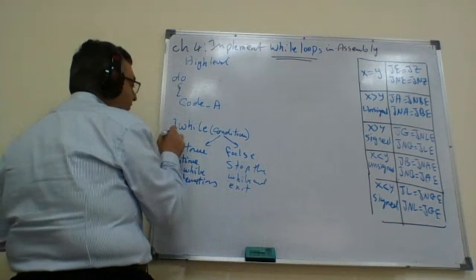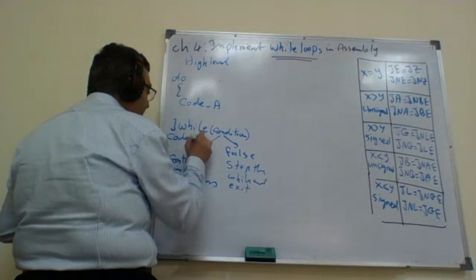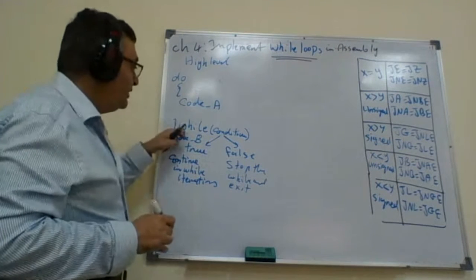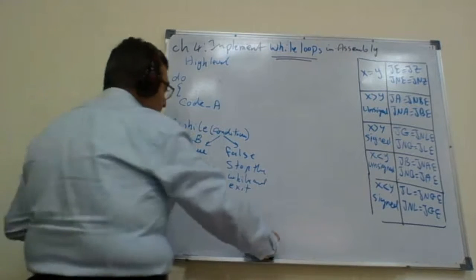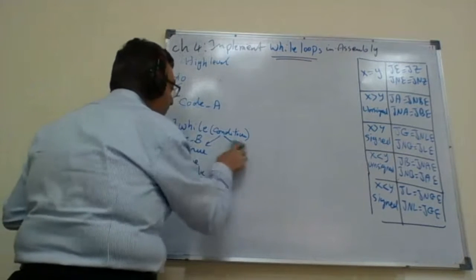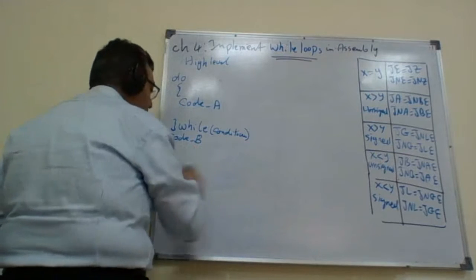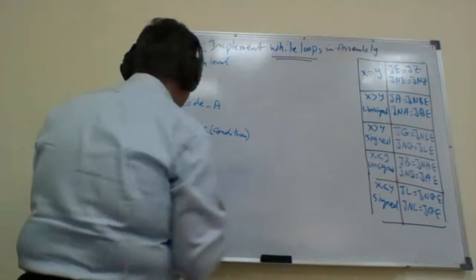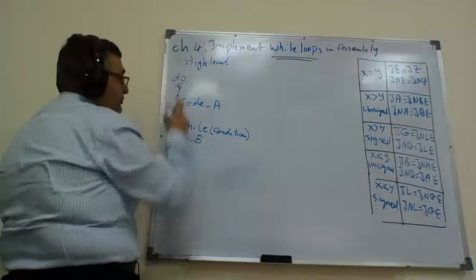So if I have here maybe code B. That means as long as the condition is evaluated as true, let me rewrite this in a different color to avoid confusion between the code and the evaluation. This is my code.